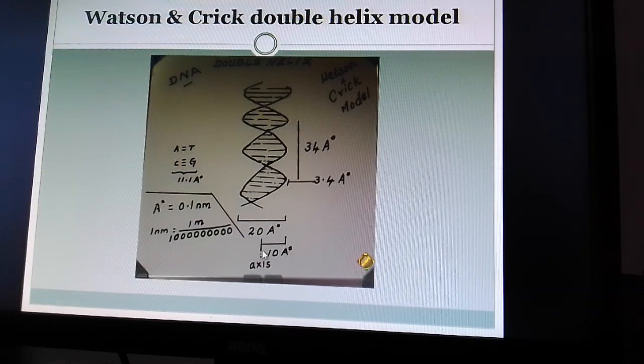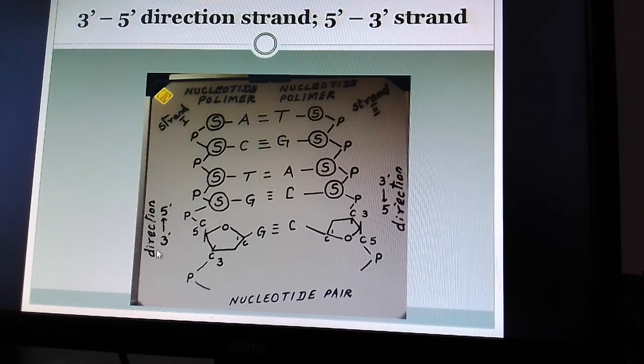And having an axis to one of the margins, it measures 10 angstrom unit. And also an assignment given for the distance by one purine hydrogen bond and then pyrimidine vice versa, 11.1 angstrom unit. So that way the DNA is physically present in the form of a double helix, with the 3-5 direction in one strand and in reverse in the other strand, to be understood.